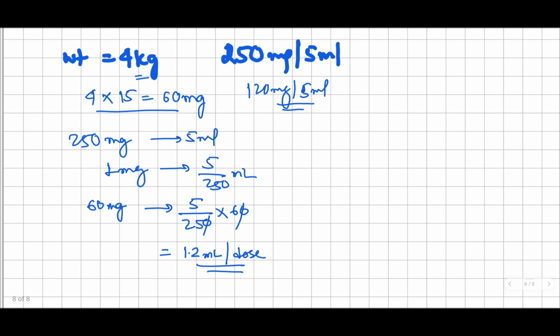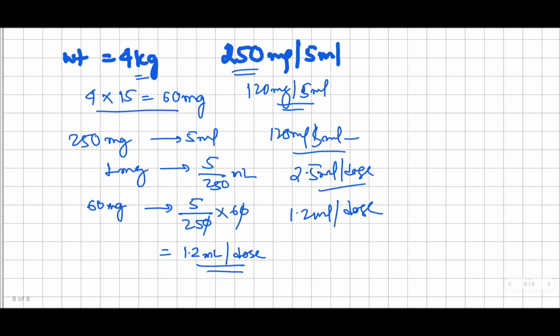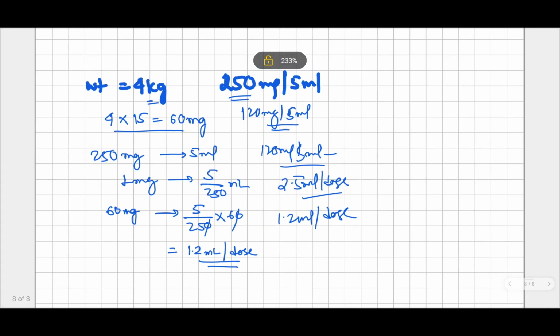So here if you are giving 120 mg per 5 ml strength, then it was 2.5 ml per dose, and if we are giving 250 mg per 5 ml strength, then the dose becomes 1.2 ml per dose. Fine.